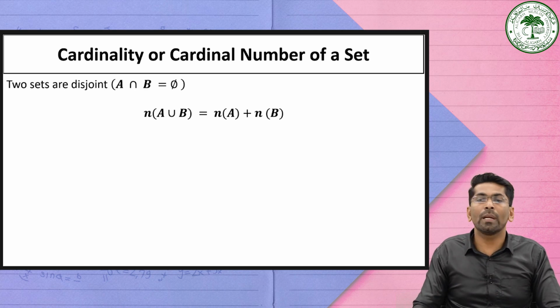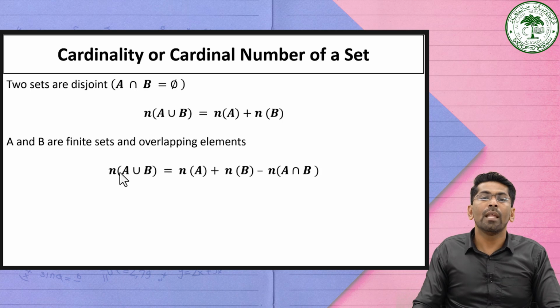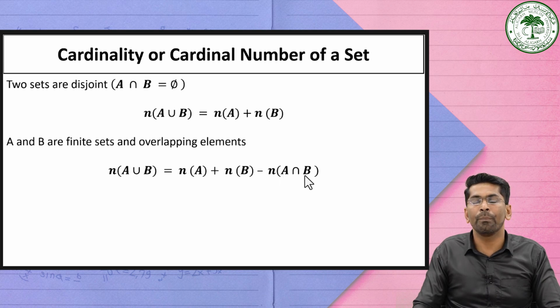Then the formula for calculating the number of elements is: n(A union B) is equal to n(A) plus n(B) minus n(A intersection B).